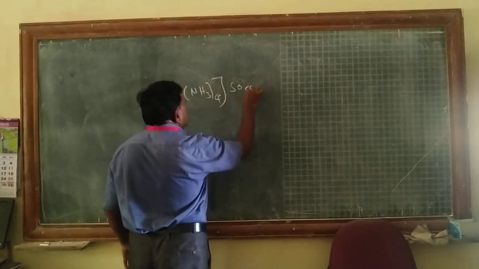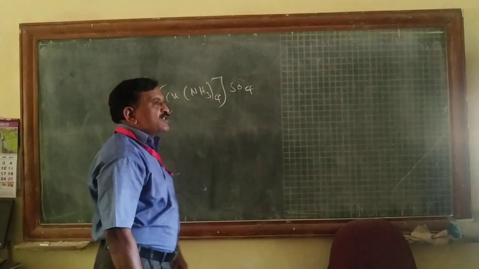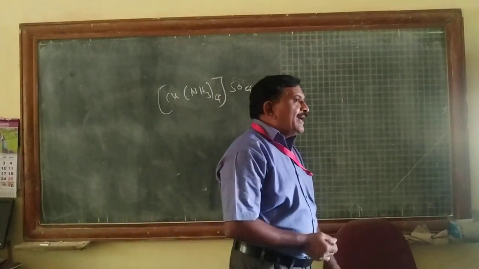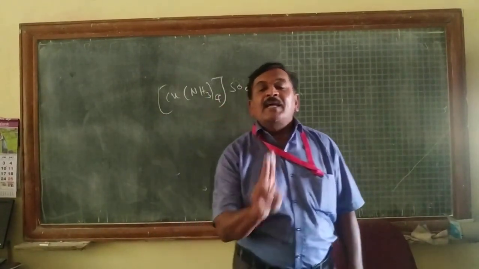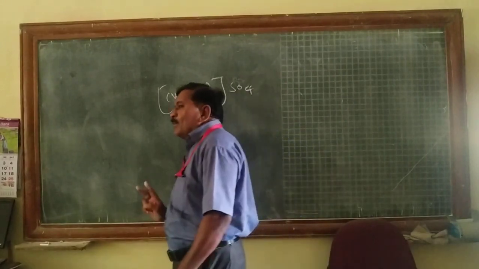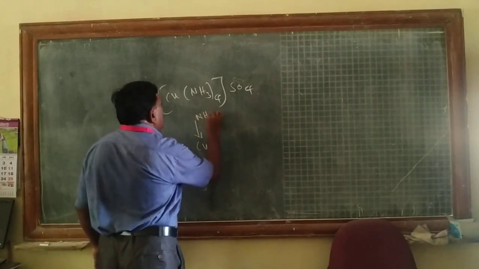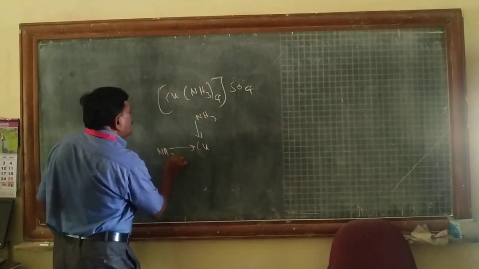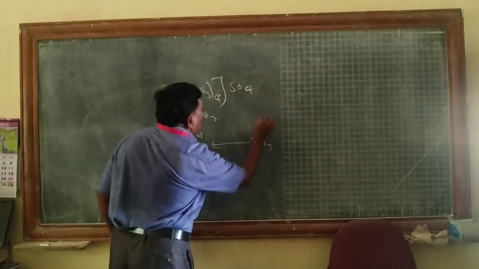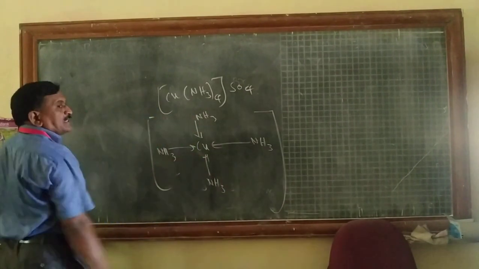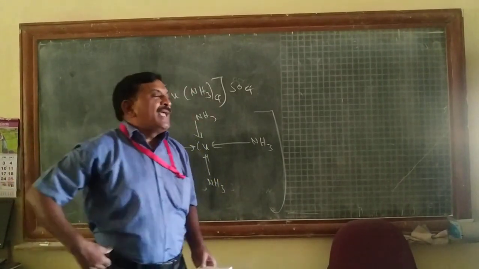Its structure contains four of the same ligands, that is ammonia molecules, hence it is called a monodentate ligand. If you look at this structure, which I have already shown, it is Cu with NH3, NH3, NH3, NH3. This is an example of a monodentate ligand complex, cupro-ammonium sulfate.